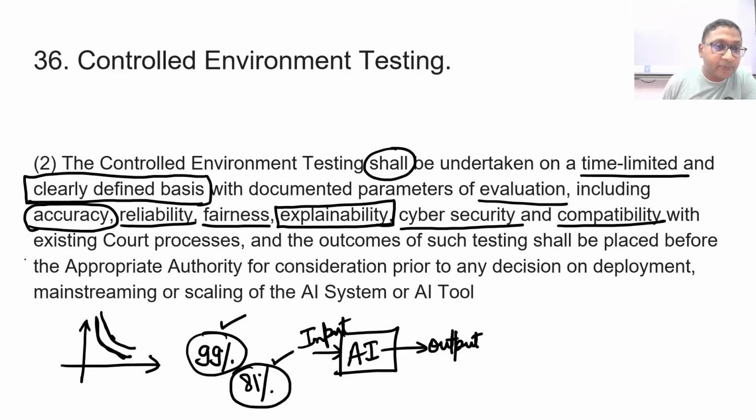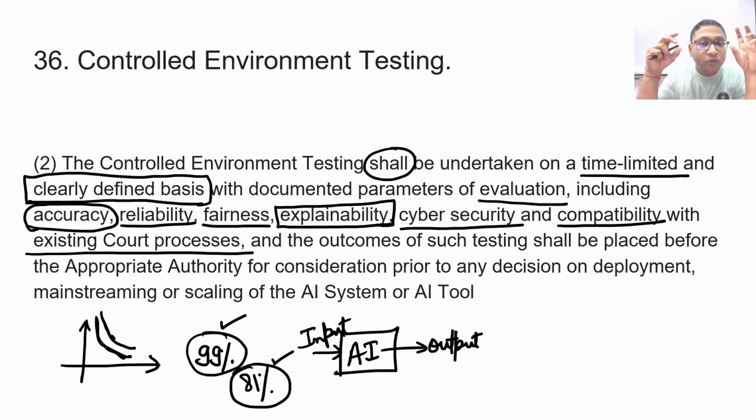And compatibility with the existing code process. So my existing code processes should not need an overhauling of everything. That okay, now since this is the new thing, forget everything that you were doing until now and just use this. No, it has to be compatible with the existing code process. It should add things, right, slowly, because otherwise the learning curve for the whole staff might be very steep. And the outcomes of such testing shall be placed before the appropriate authority for consideration prior to any decision on deployment, mainstreaming or scaling of that AI system or AI tool.